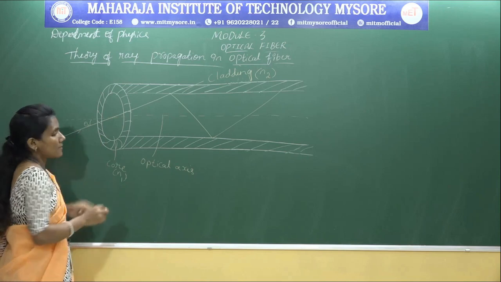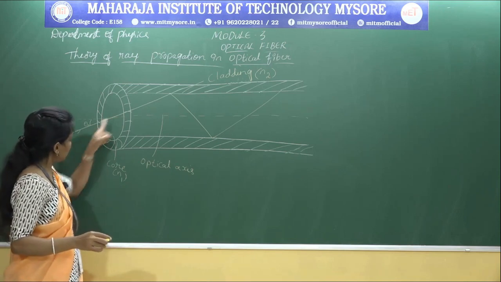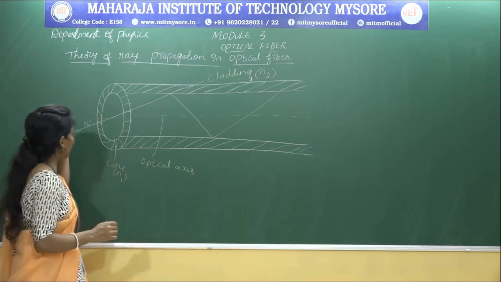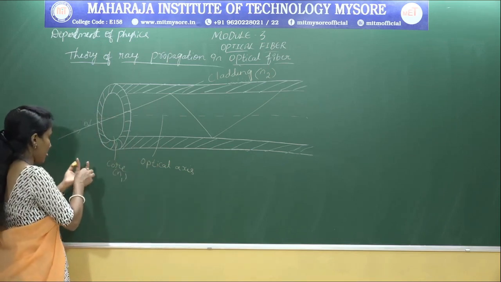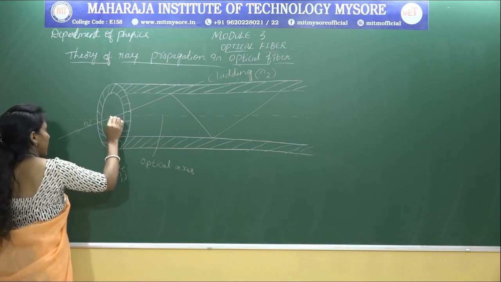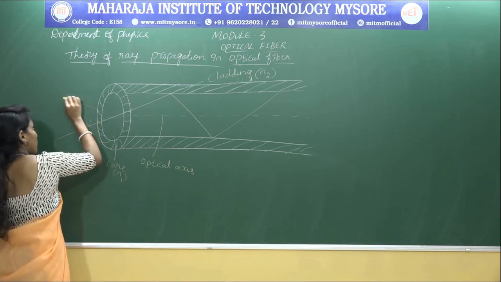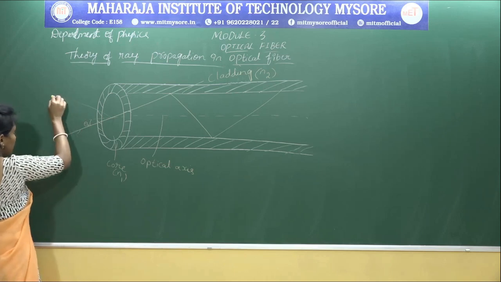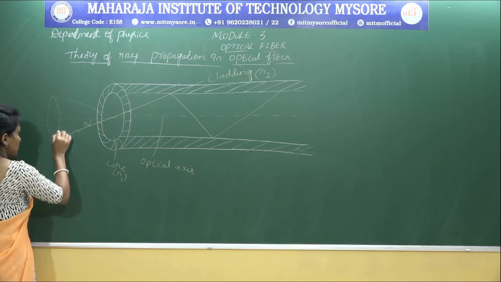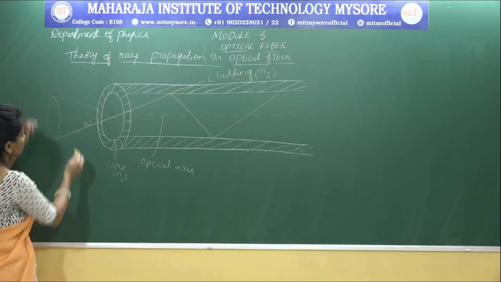When the ray of light enters, some of the light ray will reflect back, forming an acceptance cone.